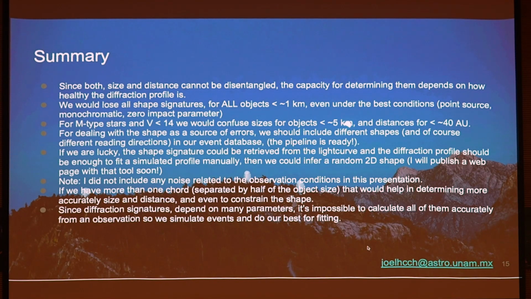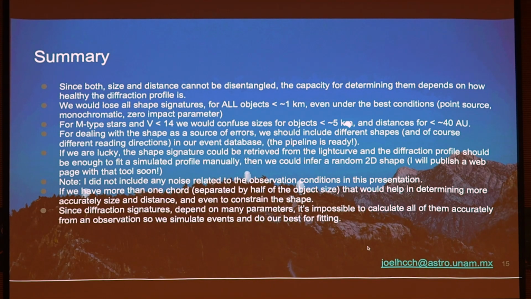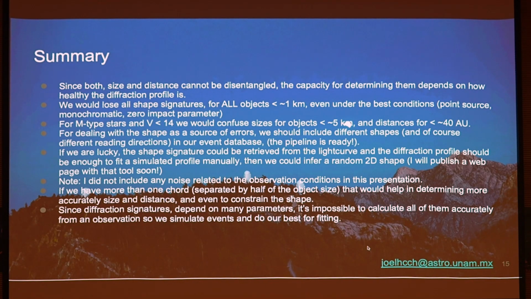What do you think? Let's model it and see. Yeah, I think we can do it. Well, the detections were about 1 kilometer in diameter, if I recall correctly, and that's sort of the regime where the shape doesn't matter all that much to the light curve shape.